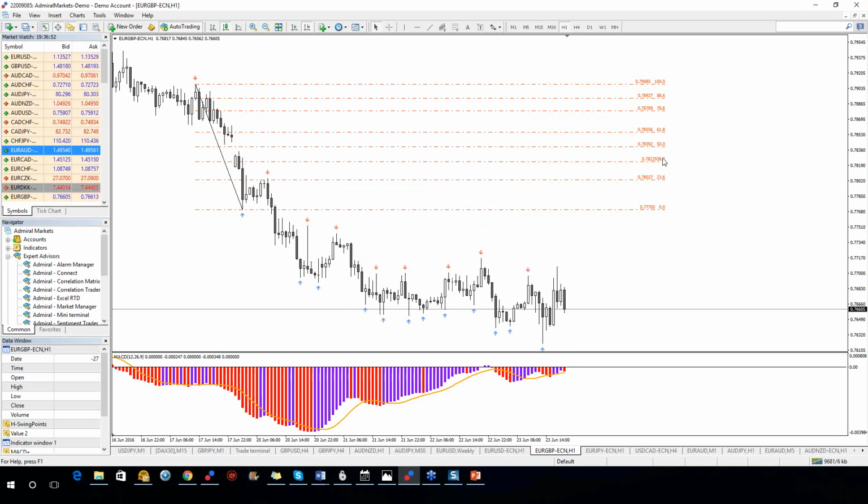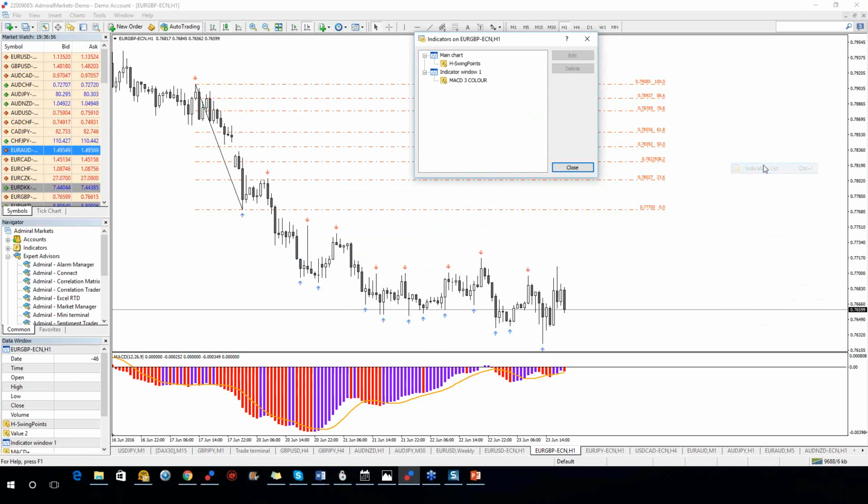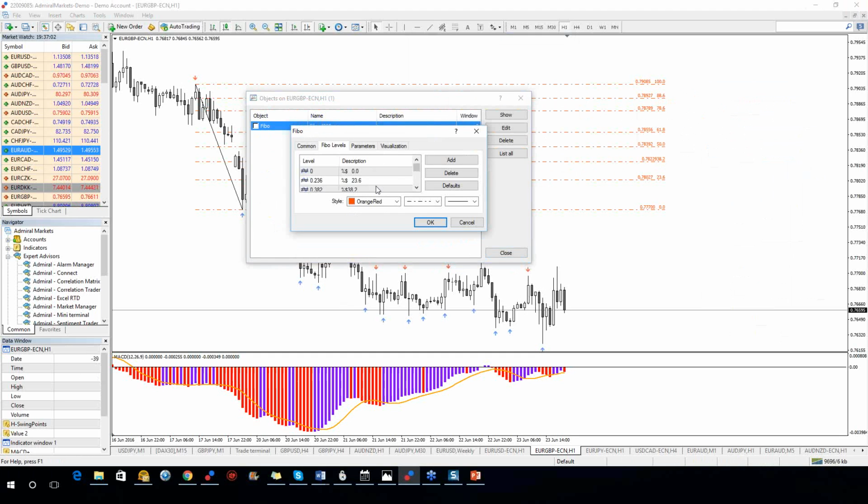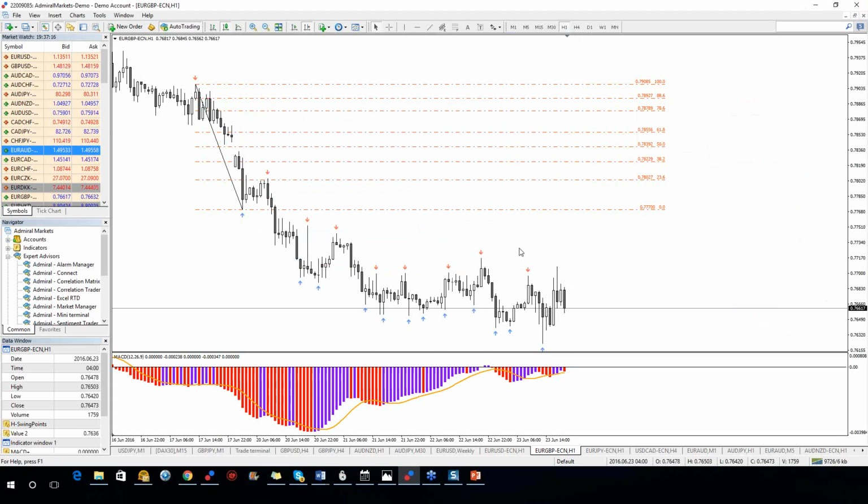It will be glued to the actual price level. So what I usually do is press the space button 3 times. So this is 38.2, you see percent and dollar, and 1, 2, 3. So 3 presses on the space button will give you levels like this.